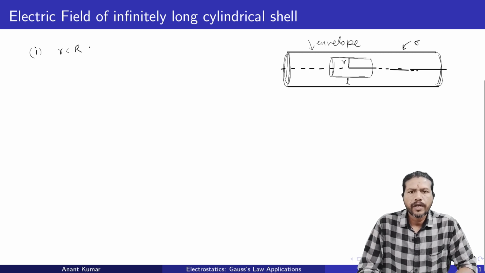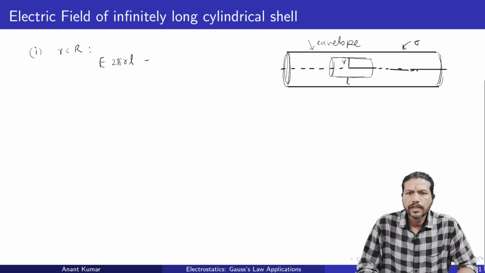As we have seen earlier, in this case Gauss law will reduce to, because we are taking a cylindrical symmetry, the left side of the flux calculation turns out to be nothing but the electric field on the surface of that Gaussian surface into 2 pi rL.